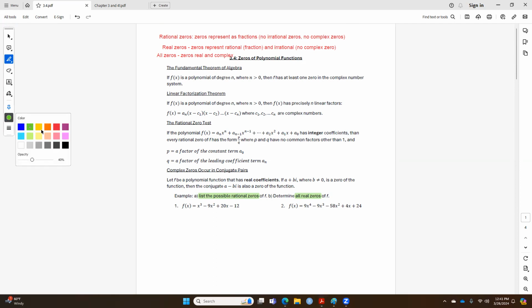Next, we'll talk about the fundamental theorem of algebra. So what does the fundamental theorem of algebra say?